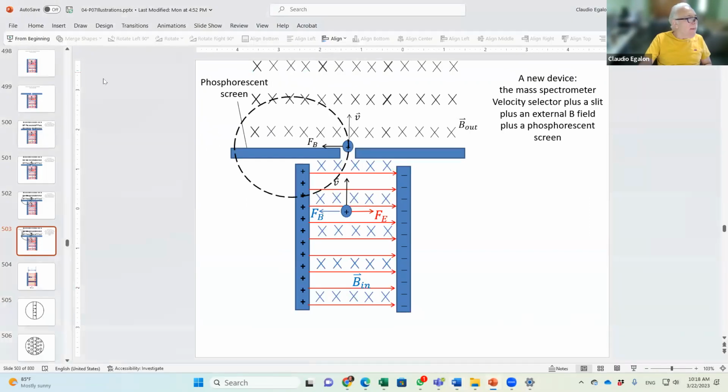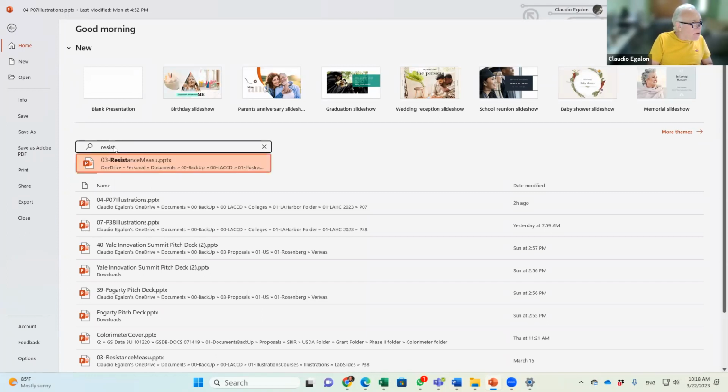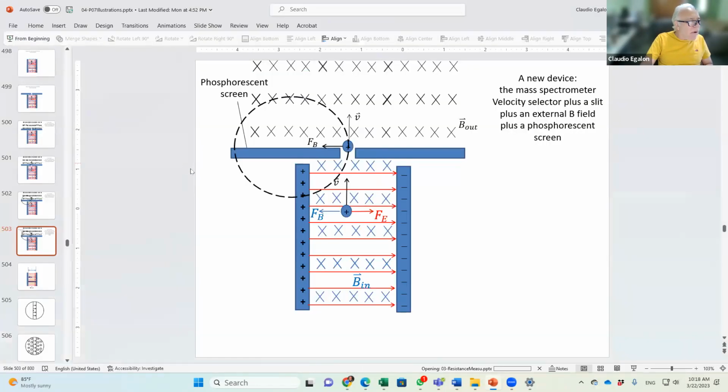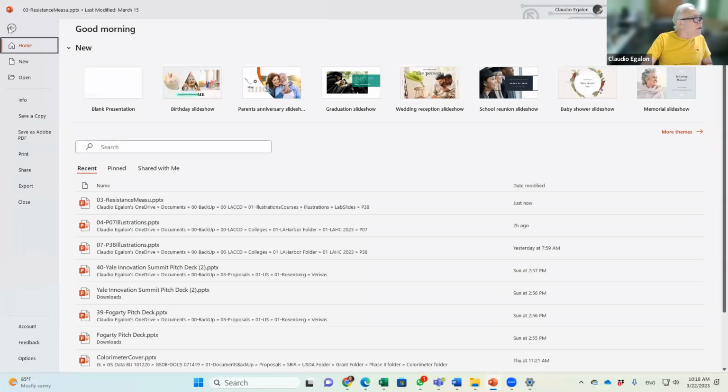The resistor resistance measurement. Not this one, I want another one.